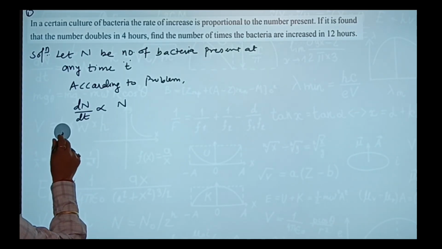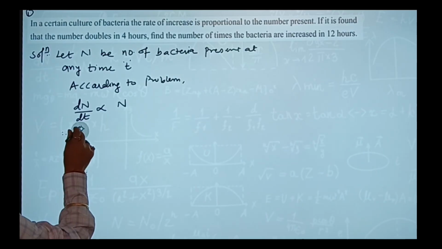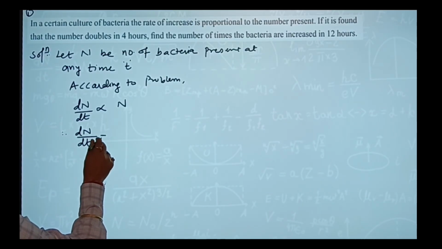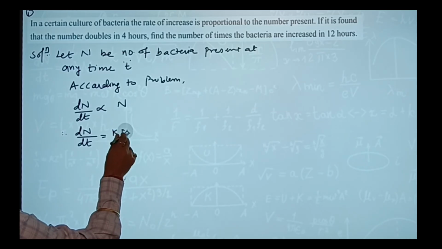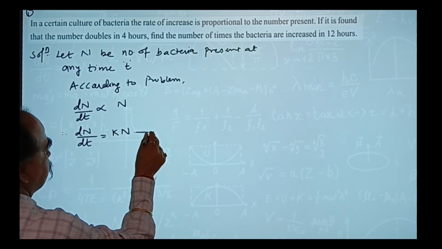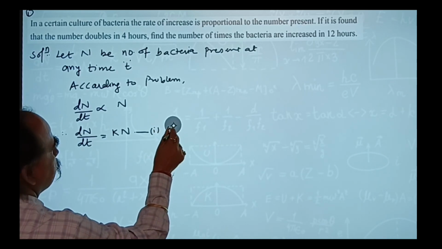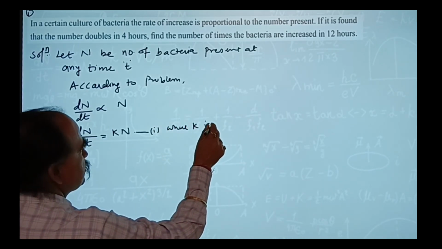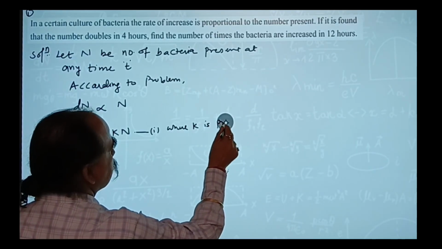Therefore, dn by dt is equal to kn. Write this as equation number 1, where k is proportionality constant.